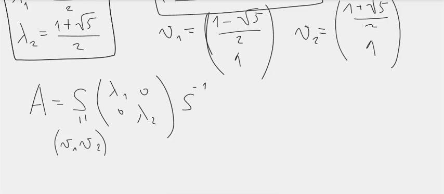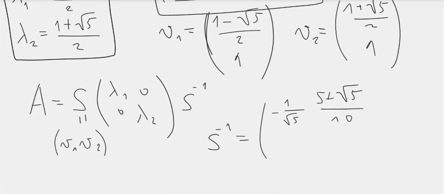So the matrix S to the power minus 1 is this matrix: minus 1 over square root of 5, 5 plus square root of 5 over 10, 1 over square root of 5, 5 minus square root of 5 over 10.